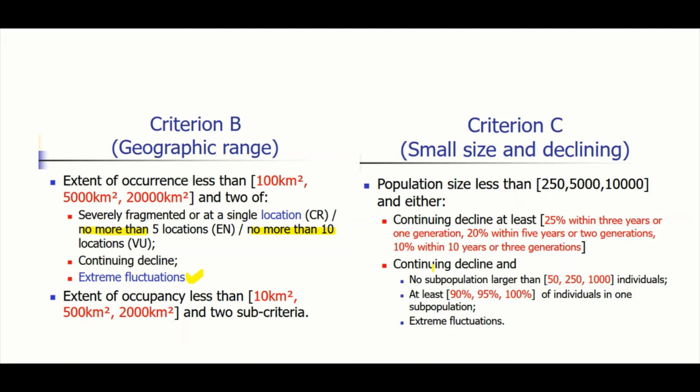Then you can also check continuing decline and no subpopulation larger than 50 or 250 or 1,000 individuals, at least 90, 95, and 100% of individuals in one subpopulation, and also check for extreme fluctuations.